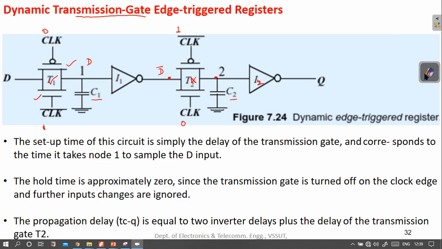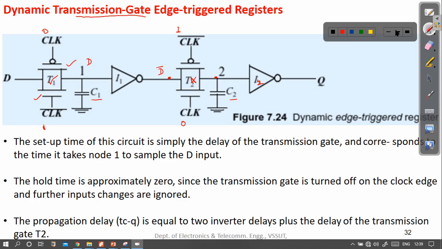Now, when clock goes to 1, the clock bar will be 0. In this case, T1 will be off, and T2 will be on.